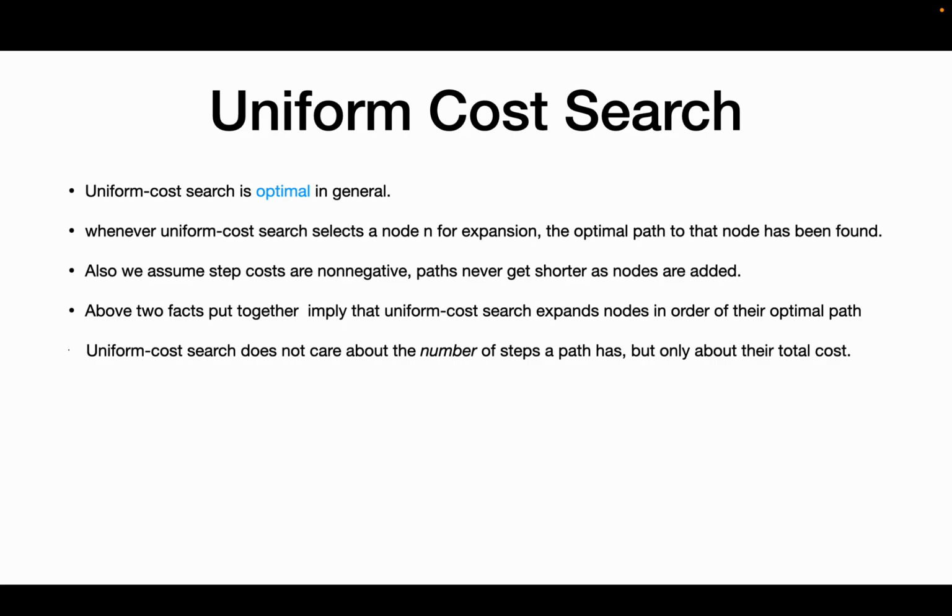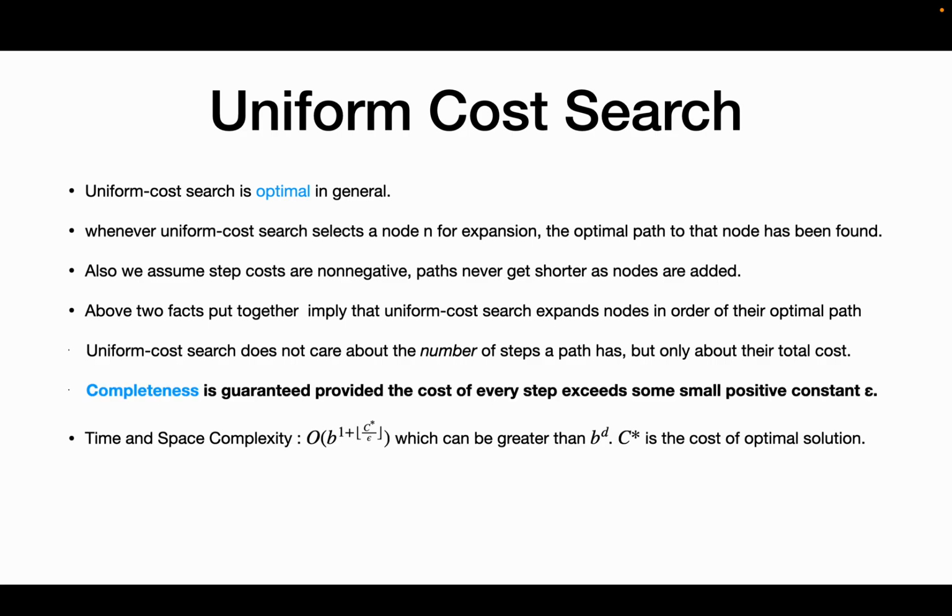And also, to find the time complexity, here we don't represent the time complexity in terms of the branching factor and the depth. Instead, we use the total path cost incurred and the edge cost. We always assume that there is a small positive constant epsilon for every edge.